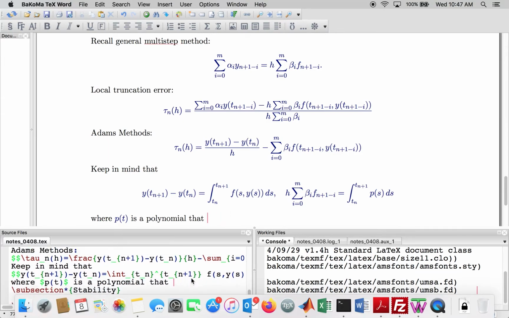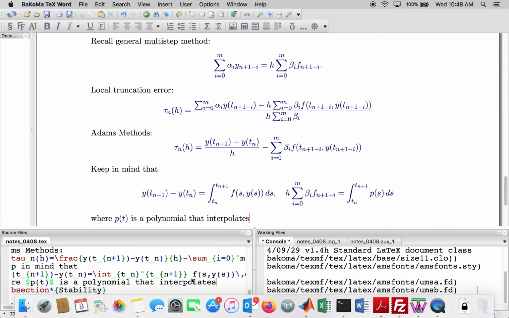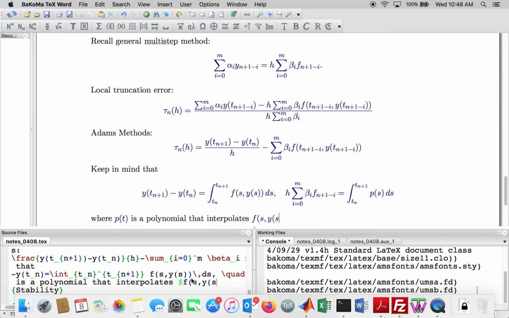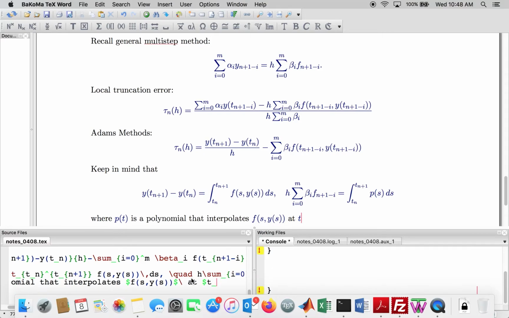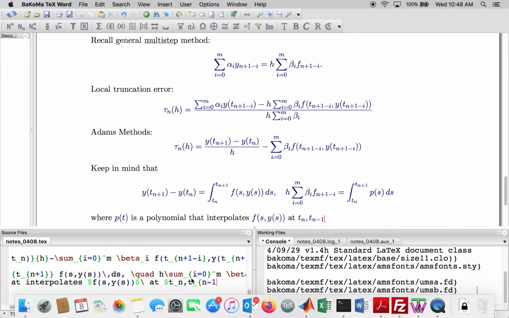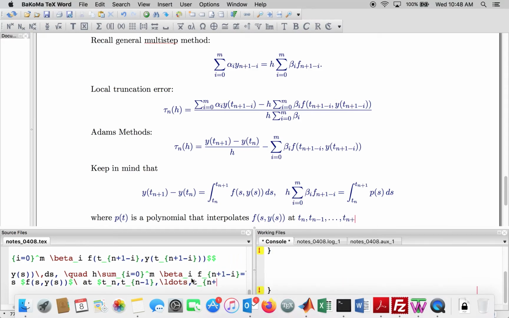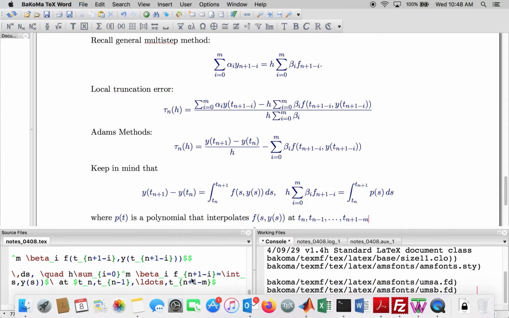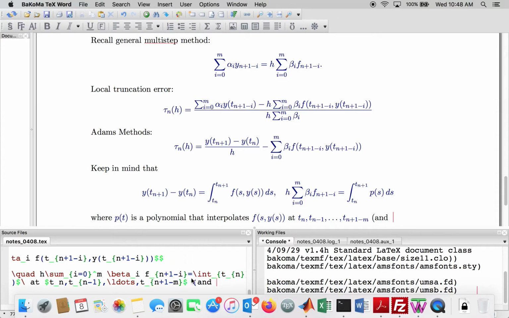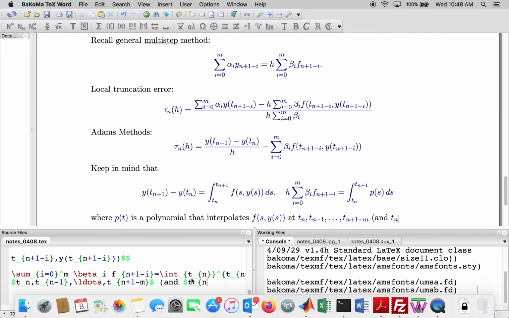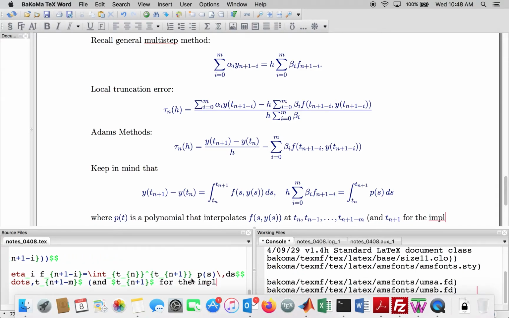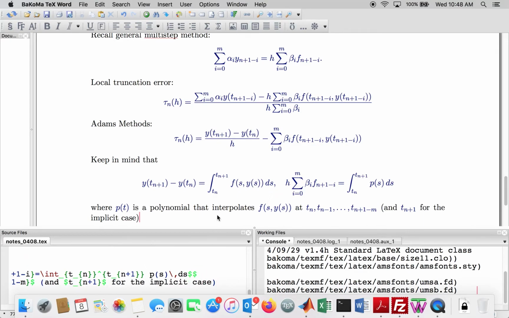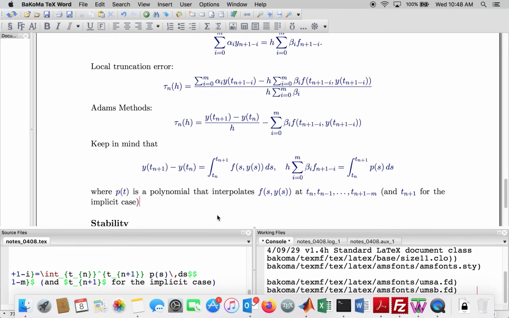Sorry, that not evaluates, that interpolates f of s, y of s at the times tn, tn minus 1, etc., all the way down to tn plus 1 minus m, and tn plus 1 for implicit or Adams-Moulton methods.